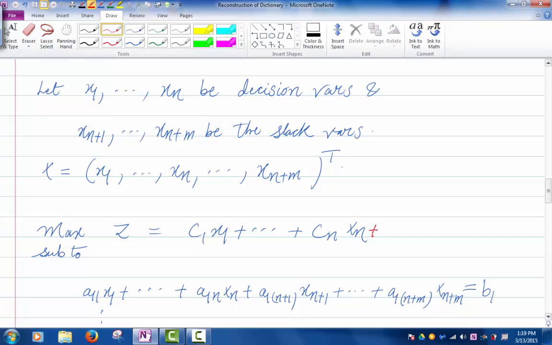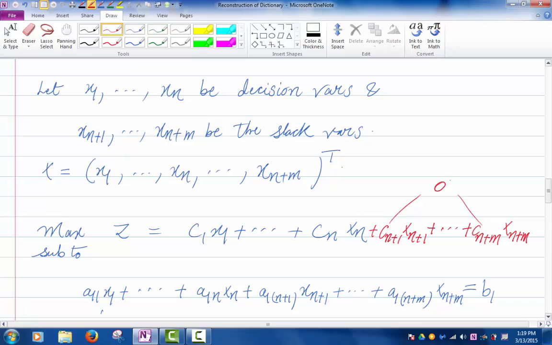So this is originally what z is, but I'm going to add cn+1 xn+1 plus ... plus cn+m xn+m. What are these coefficients here? 0, right? So I'm basically adding 0 times each of the slack variables here, nothing else.